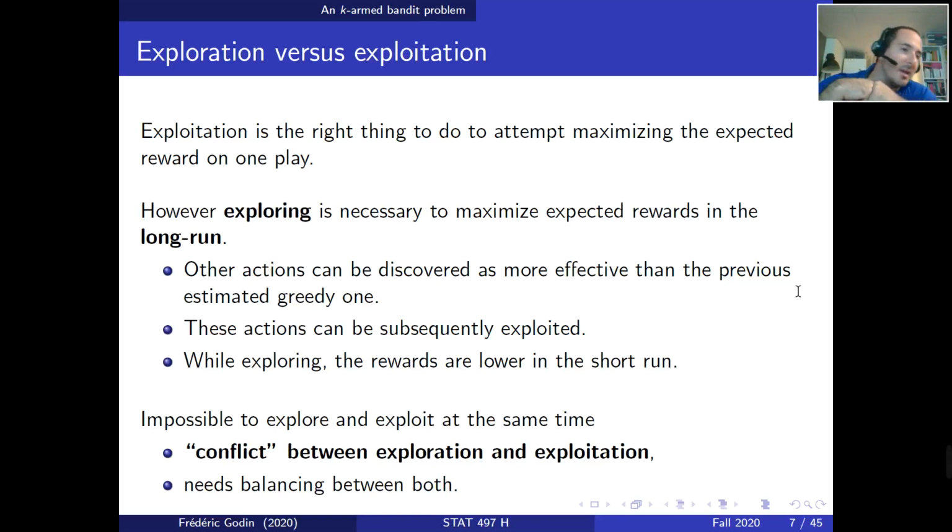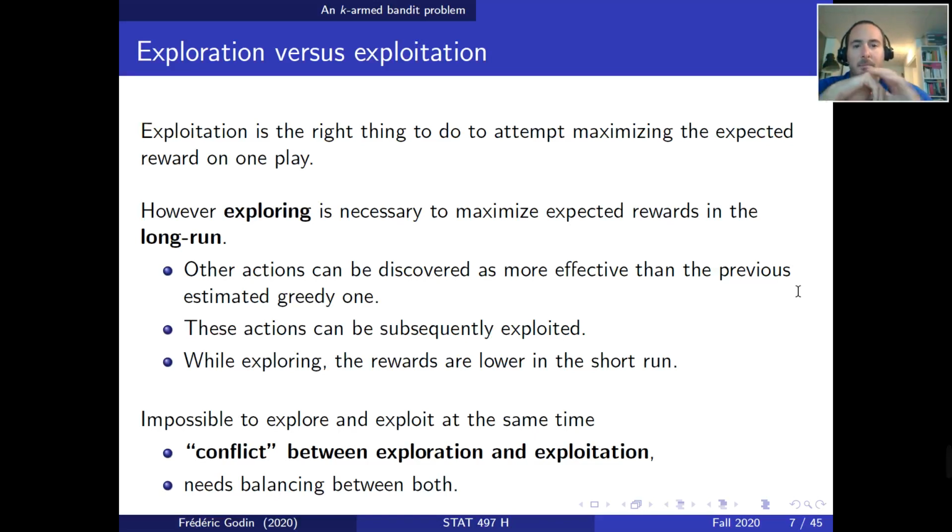You need to sometimes explore, sometimes exploit, and what is difficult is to determine the optimal level of exploring versus exploiting to achieve your desired goal, which is to maximize your expected rewards over all plays.